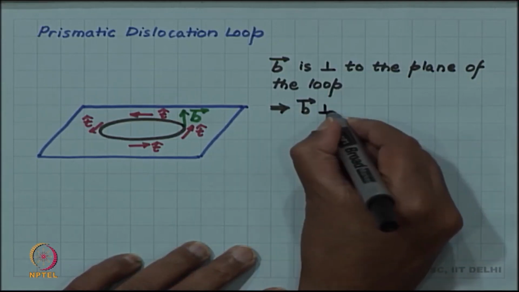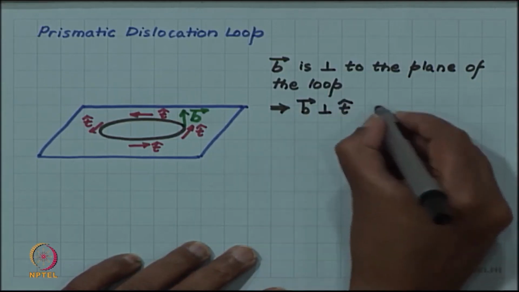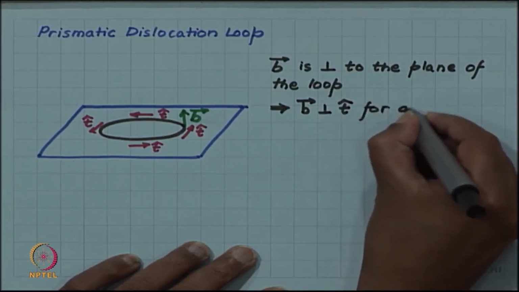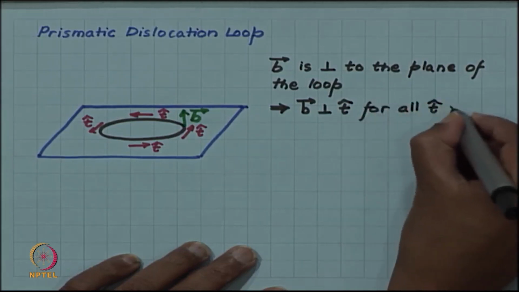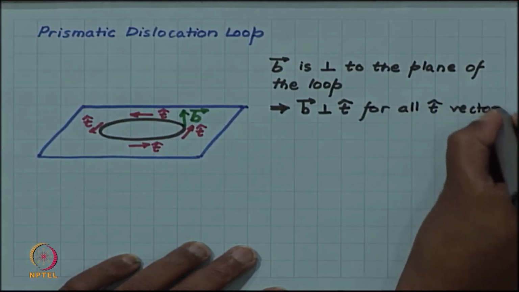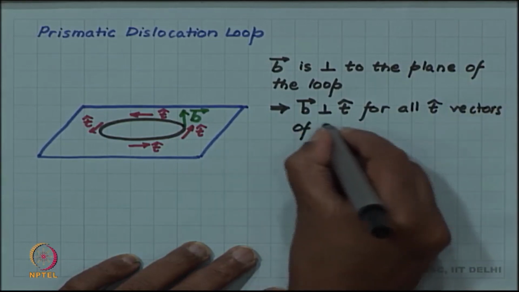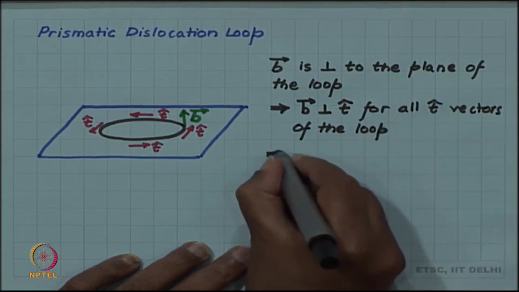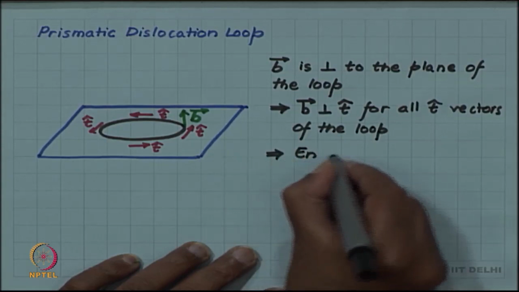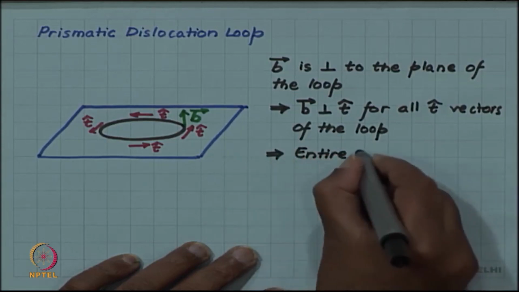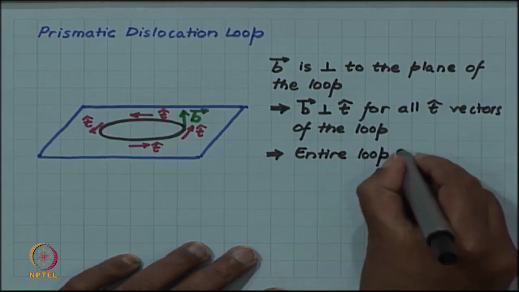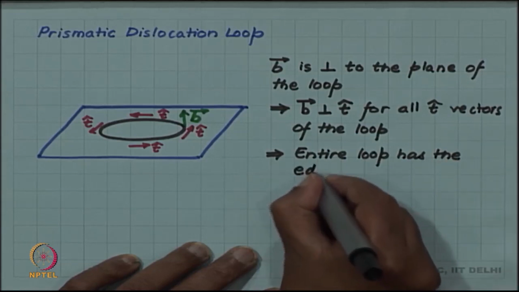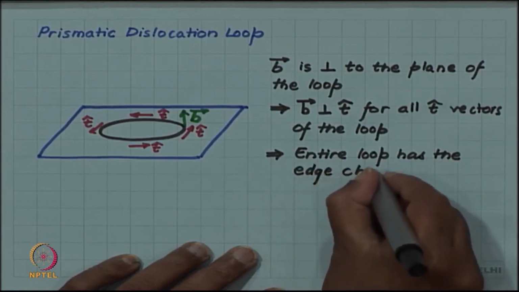So, B is perpendicular to T for all T vectors of the loop, and the entire loop has the edge character.